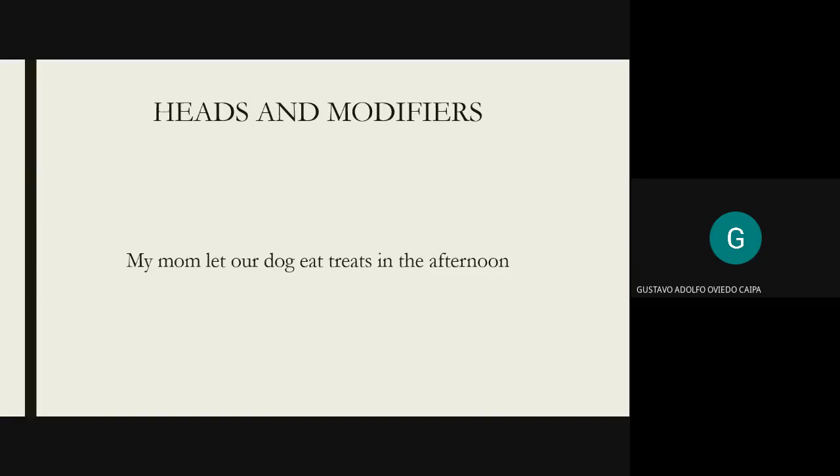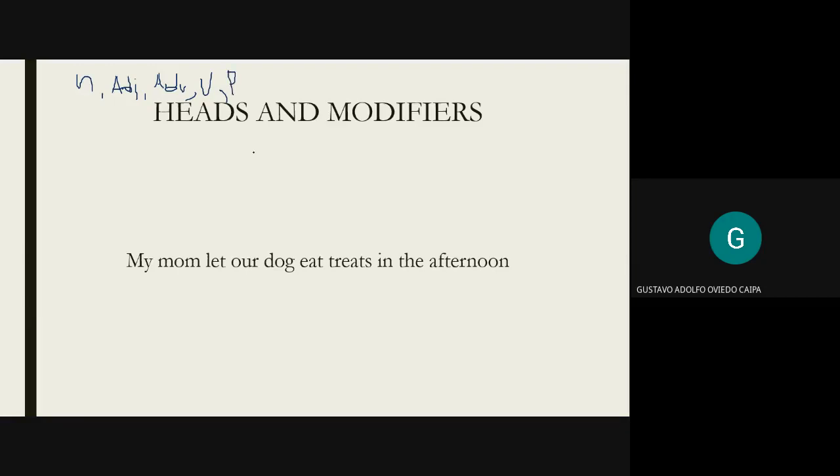Remember that heads are members of the categories nouns, adjectives, adverbs, verbs, and prepositions.